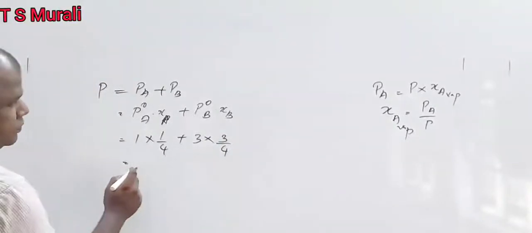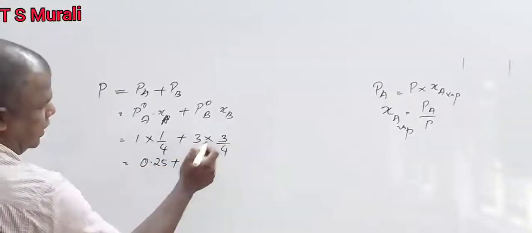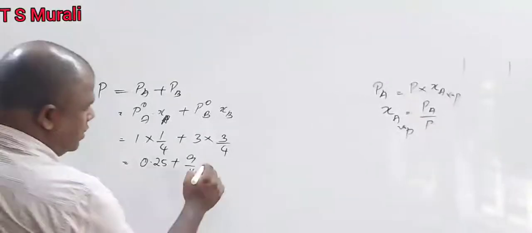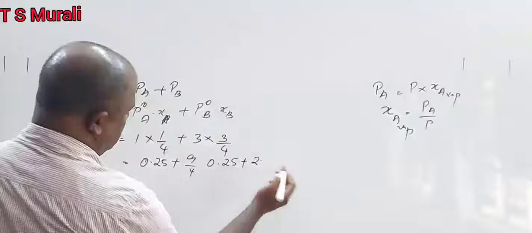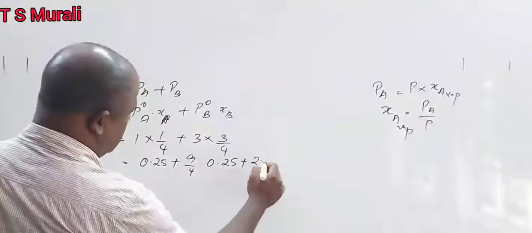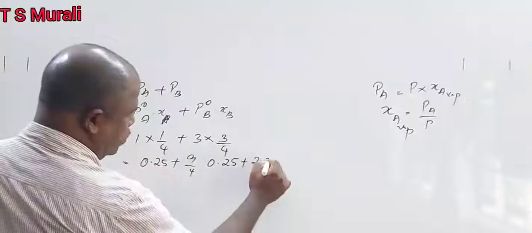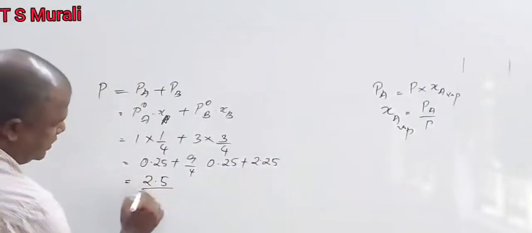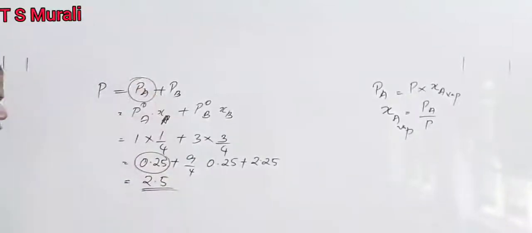So what is it? 0.25 plus 9/4. What is 9/4? 2.25. So 0.25 plus 2.25 is 2.5. So 2.5 is the total pressure and 0.25 is the value of PA.